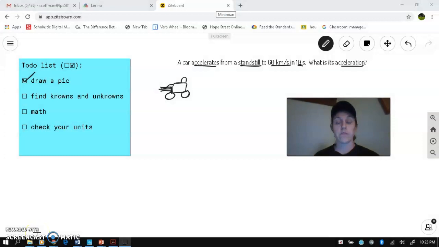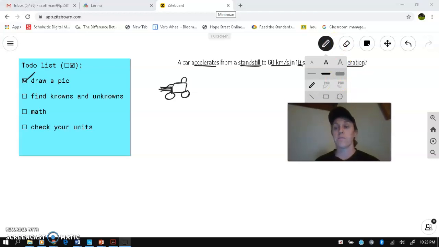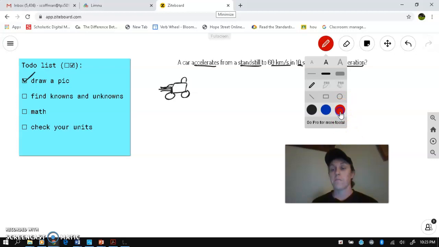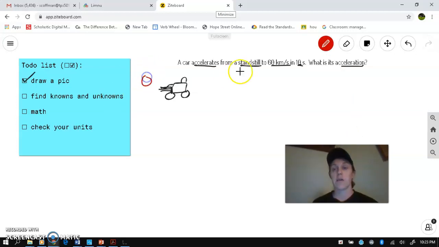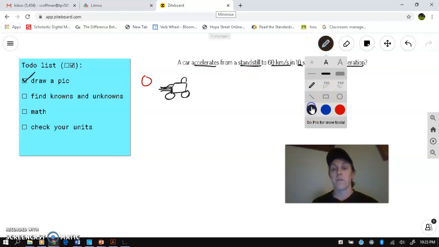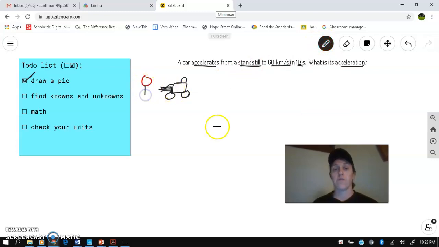So I'm going to steal this from a student that did this on an assignment a few years ago, is they showed that the car was at a stop sign and it started to move. Okay? So it's at a stop sign and started going fast.